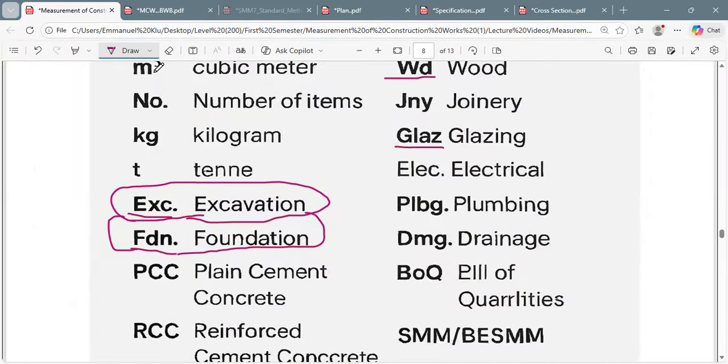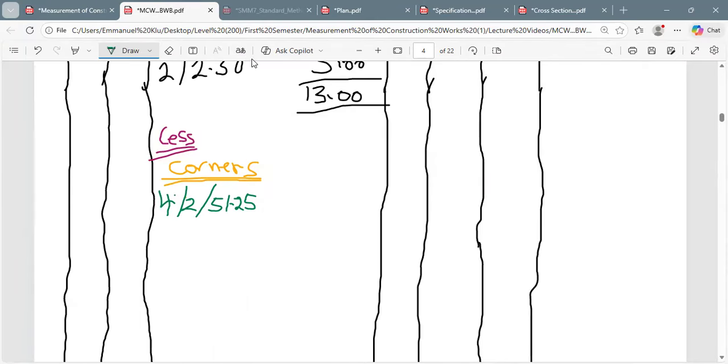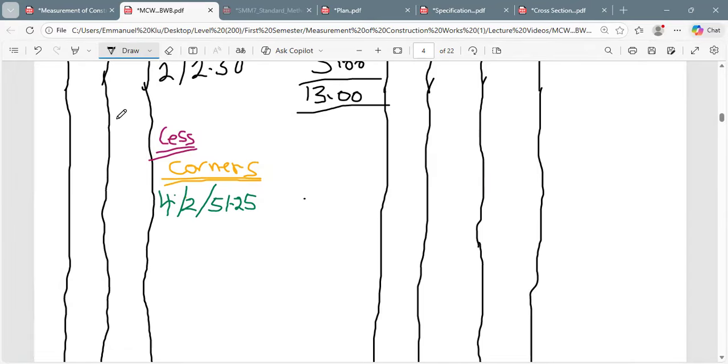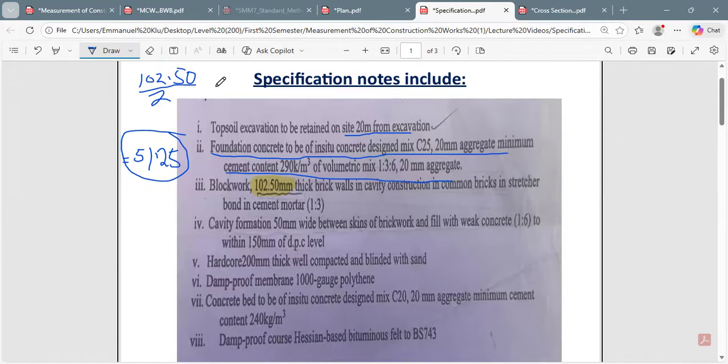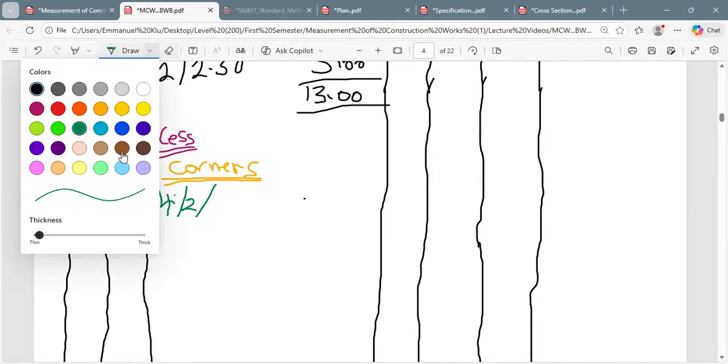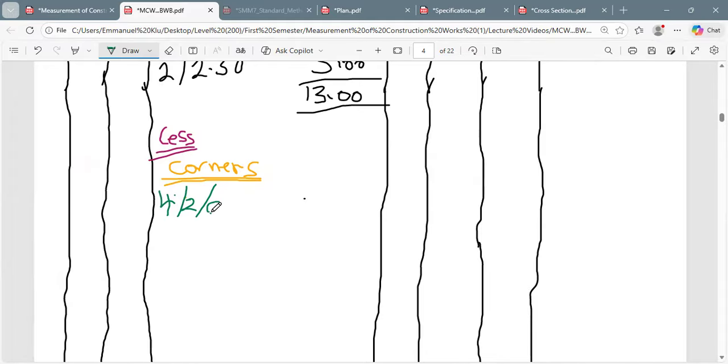And then at the end of the day, we are going to get 0.41. But take note that this value, we don't want to use the raw one like this. This is in millimeters, because if we go to the specification, you'll see it's in millimeters. So if you divide it by 1,000, you are going to get your answer to be 0.051. Yes, 0.051. And I think that is far better.